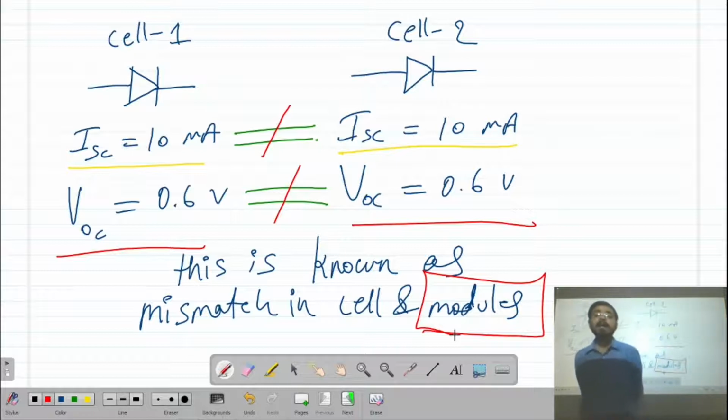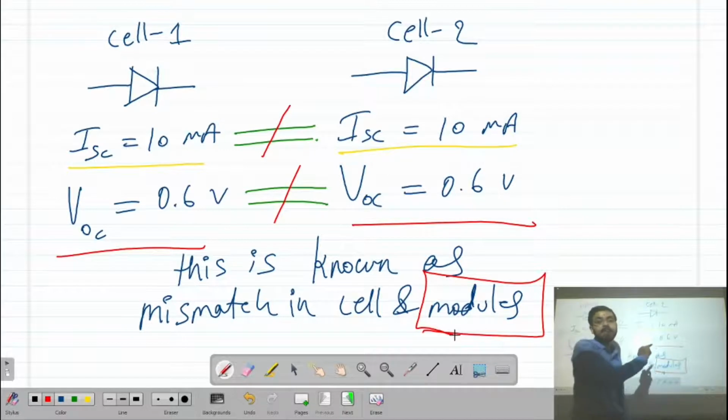Now, even though selecting two identical solar cells, we are finding that practically there will be a small mismatch in their electrical parameters, right? Now there have to be some reasons.